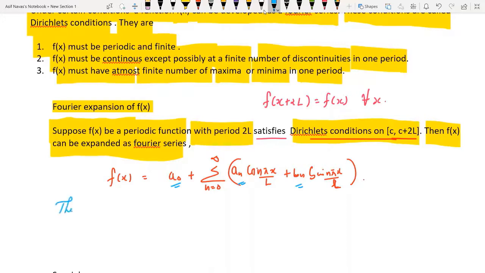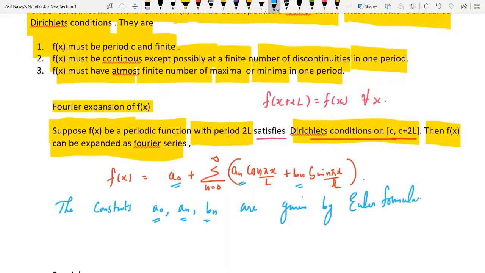The constants a0, an (n = 1, 2, 3, etc.) and bn are given by Euler's formula. So these constants can be found by using Euler's formula.